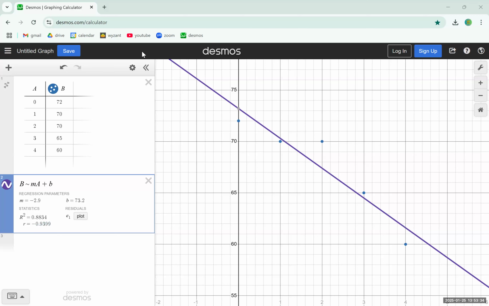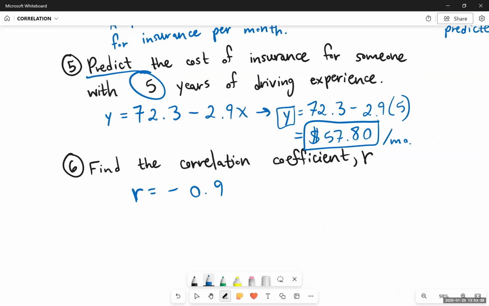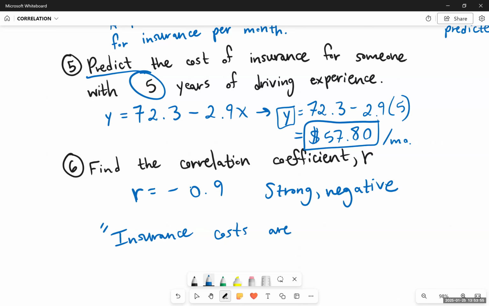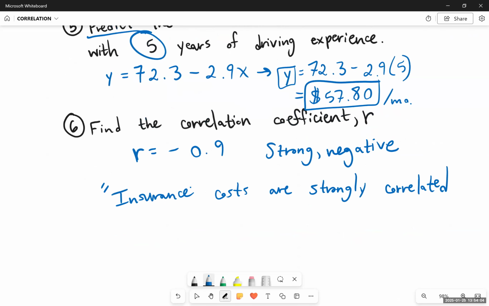If R is negative 0.9, this is a really strongly negative correlation. So you could therefore say insurance costs are strongly correlated to the years of driving experience.